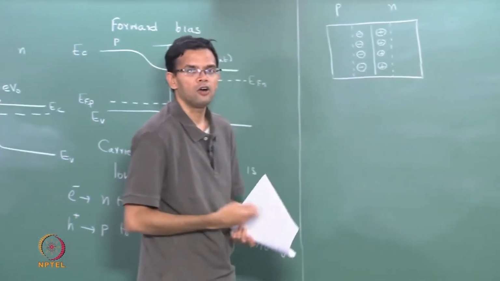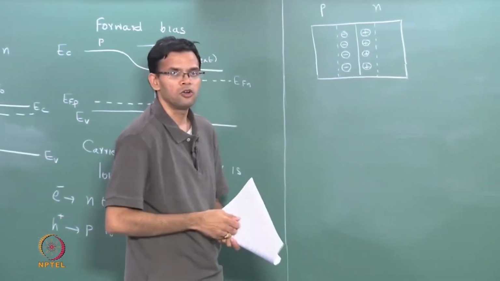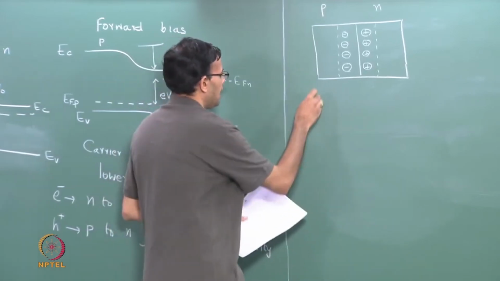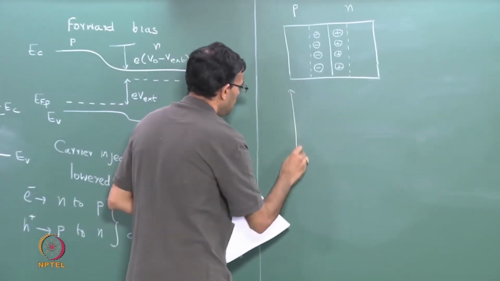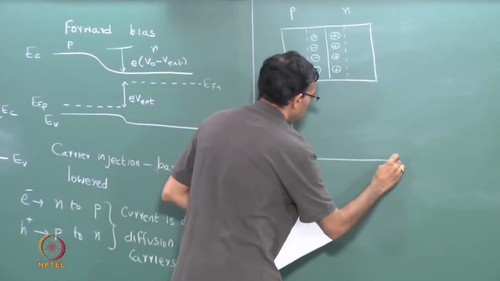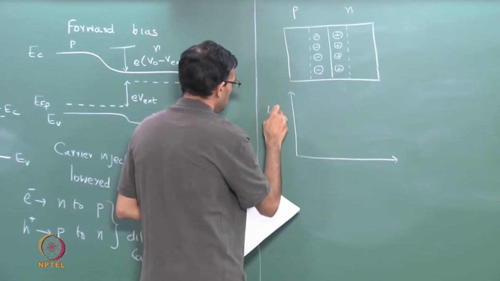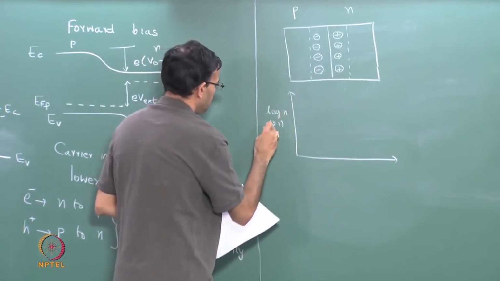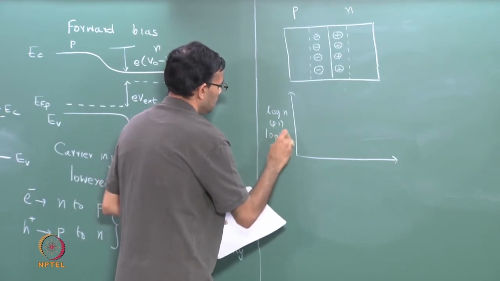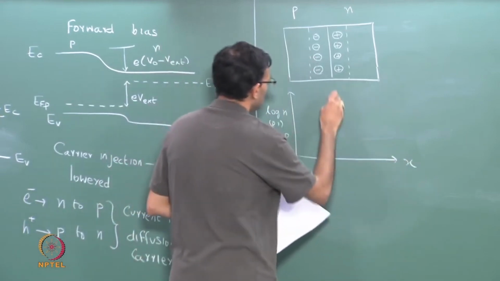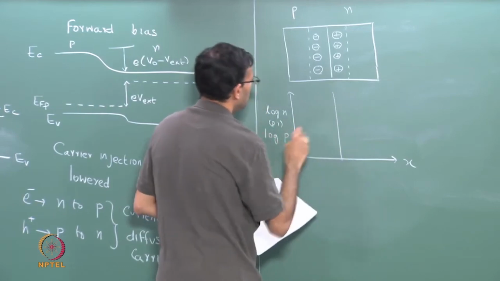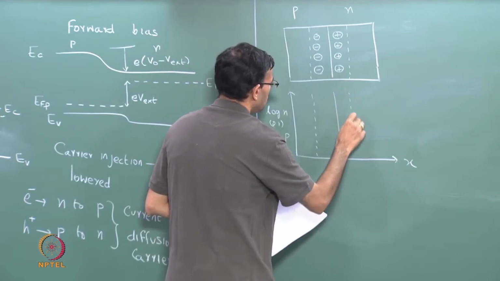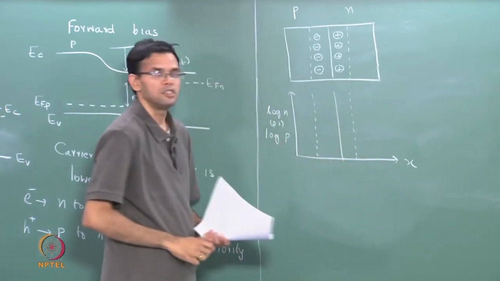So we looked at how the concentration of electrons and holes changes as a function of distance. We looked at this last class when you have a PN junction in equilibrium. So this is log of n or log of p versus distance. So let me mark my interface and also the depletion region.